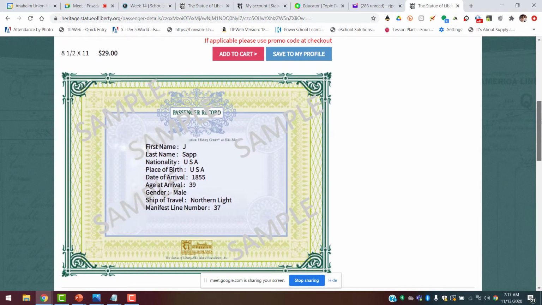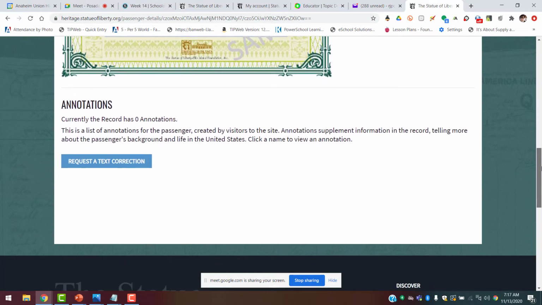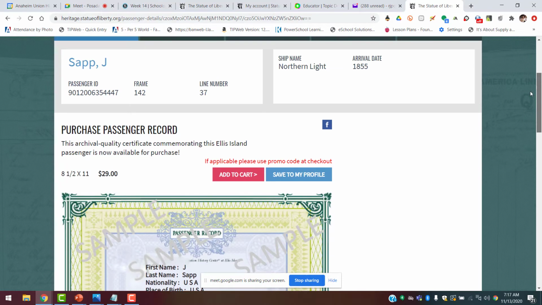So I know that they were J. Sapp, nationality from the United States, date of arrival 1855, age at the time 39, gender male. The ship traveled on was the Northern Light, and it was the manifest line number 37. So I can actually look at the manifest line to actually see more information.